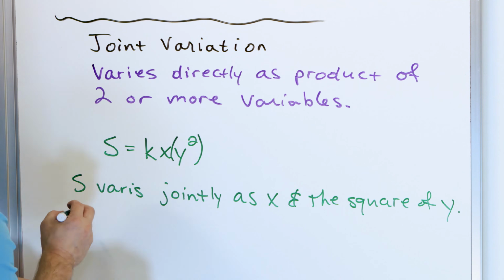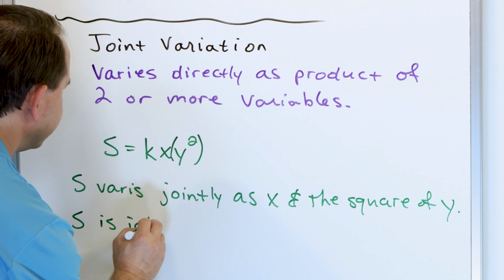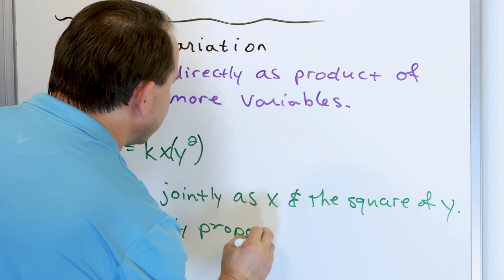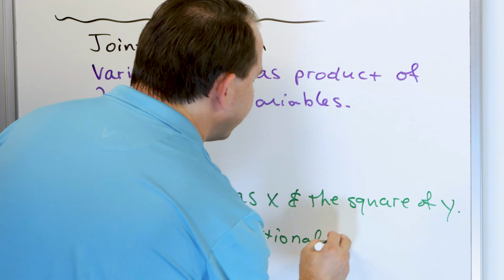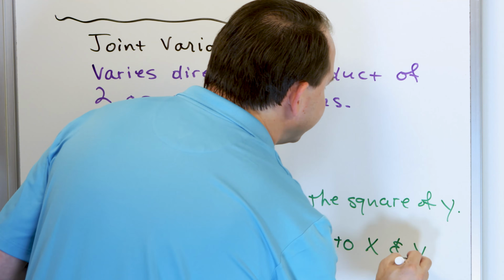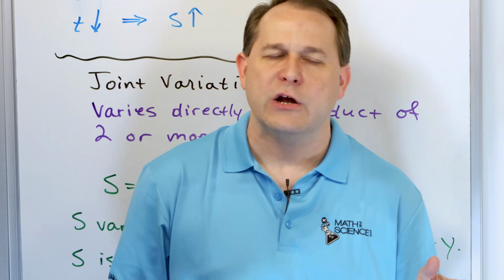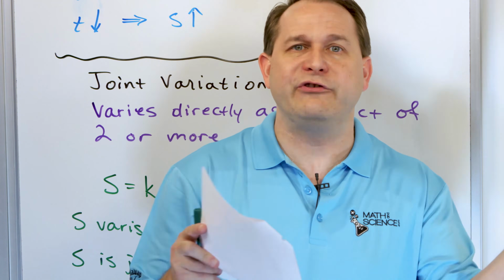Another thing you might want to say is you could say s is jointly proportional to x and y squared. So same sort of thing. A lot of this stuff is terminology. When you have a joint variation, it just means you have a direct variation between two different things.